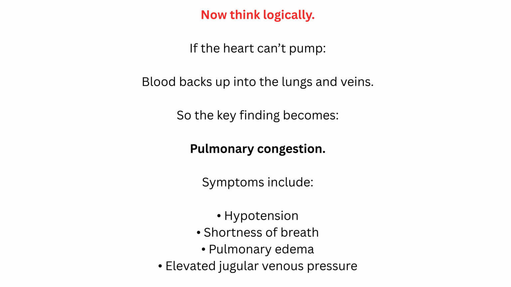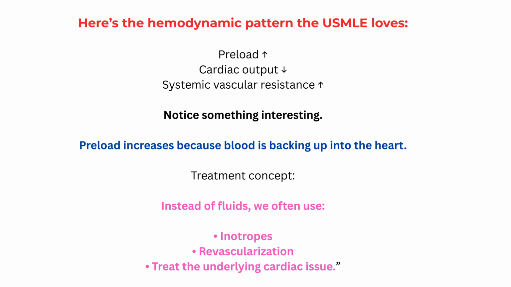Now think logically. If the heart can't pump, blood backs up into the lungs and veins. So the key finding becomes pulmonary congestion. Symptoms include hypotension, shortness of breath, pulmonary edema, elevated jugular venous pressure. Here's the hemodynamic pattern the USMLE loves.